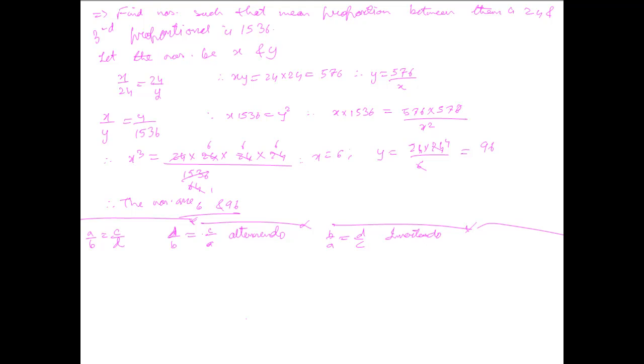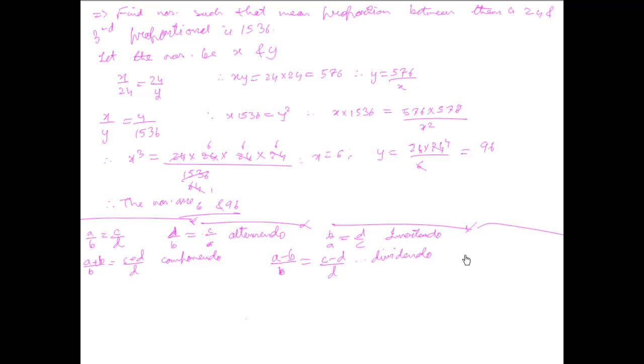By componendo, children, we add to the numerator the denominator. By dividendo, children, we subtract it: numerator minus denominator upon denominator.